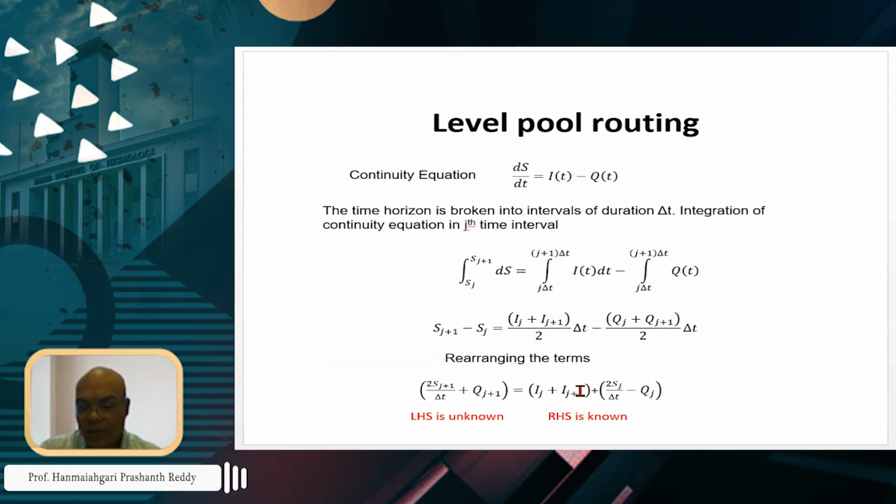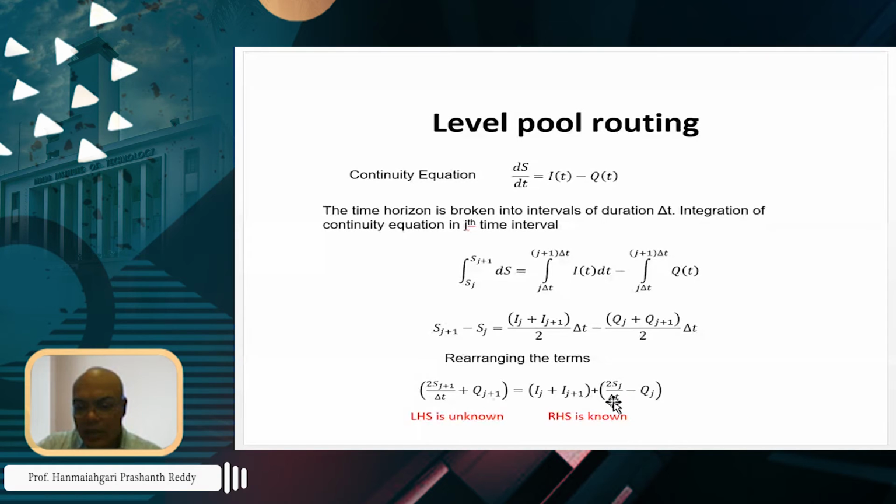So Ij is known, Ij plus 1 is known, and Sj is known, because this is at time j, a known time level. So 2Sj by delta t is known. Then Qj, that is outflow, is also known at the jth time, because j plus 1 is the unknown time level. So the storage and outflow discharge there are unknown. So this left hand side is unknown.